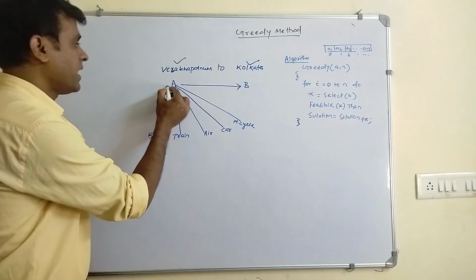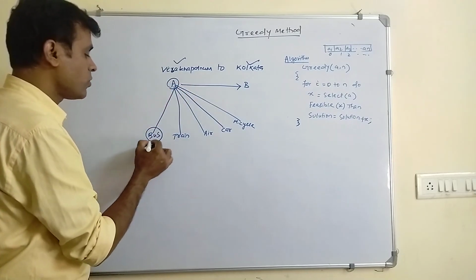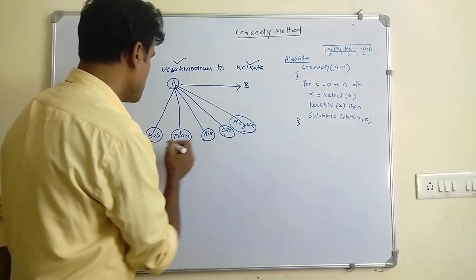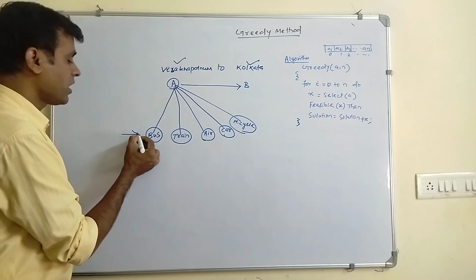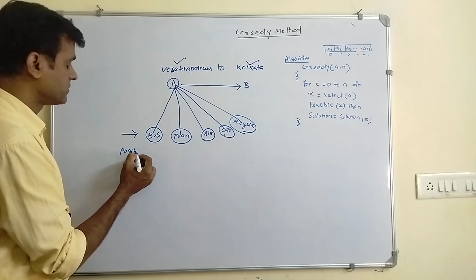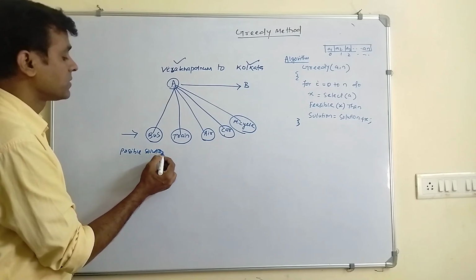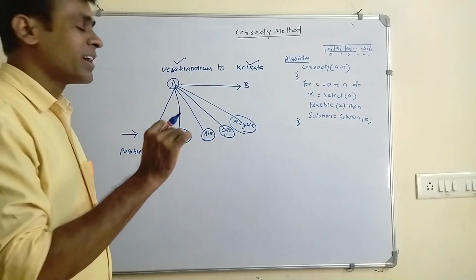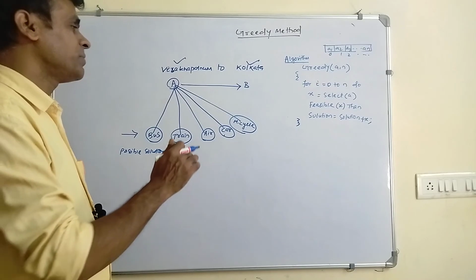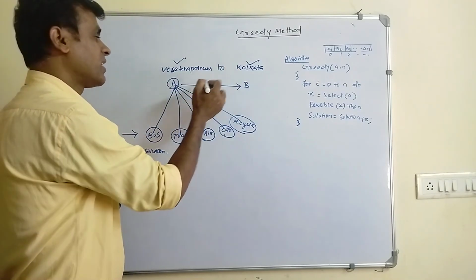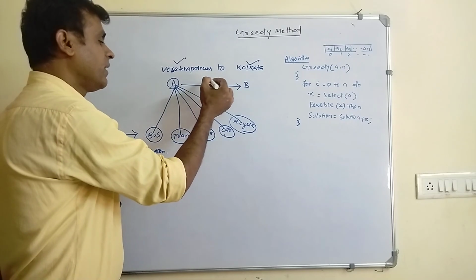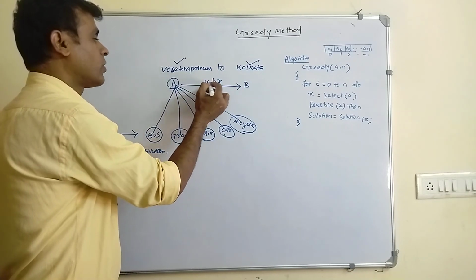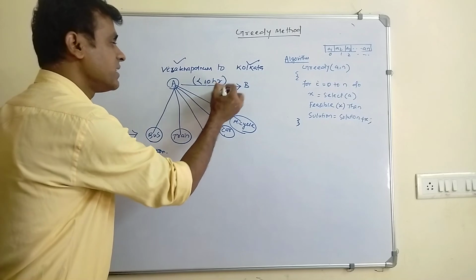But the solutions to my problem, my strategy, is I can opt for this, this, or this. These are my possibilities, and these solutions are called possible solutions. But if I add some constraint, that you have to go from Visakhapatnam to Kolkata within 10 hours or less, your constraint is less than 10 hours.